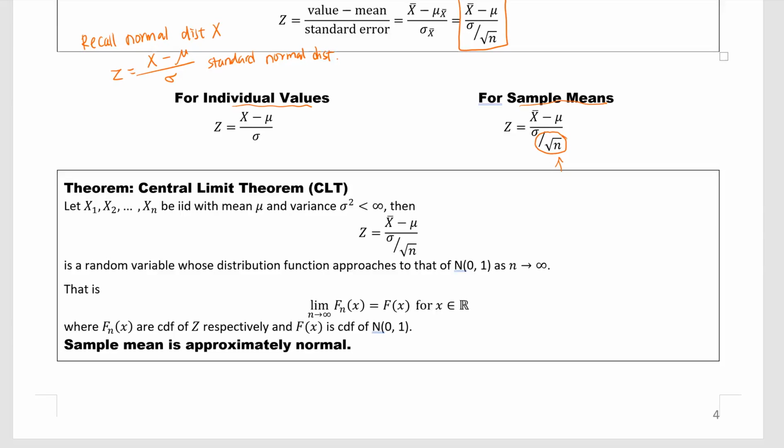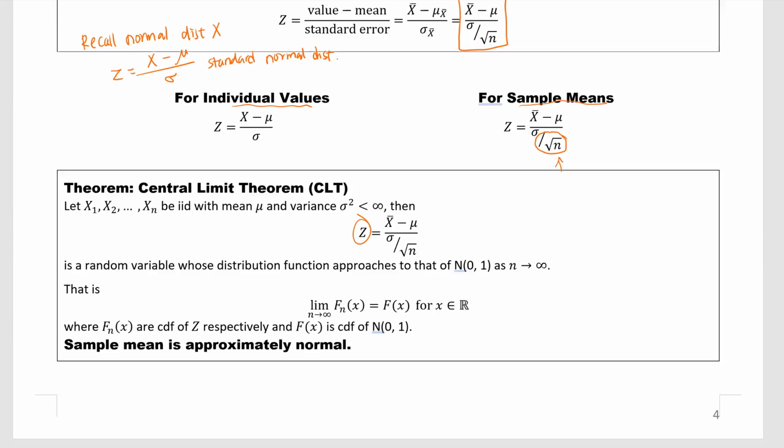Then the standardized sample mean is a random variable whose distribution function approaches the distribution function of the standard normal distribution when n is large. That's why we also call it z.